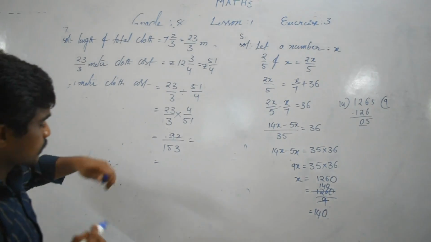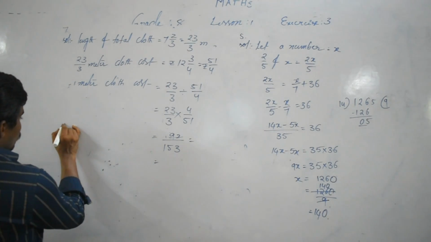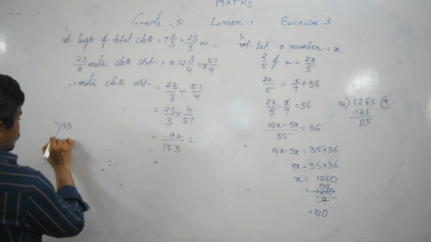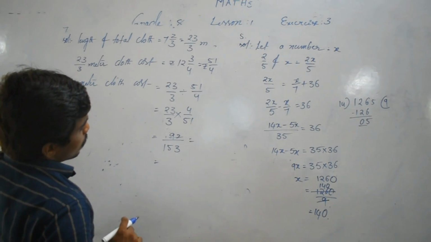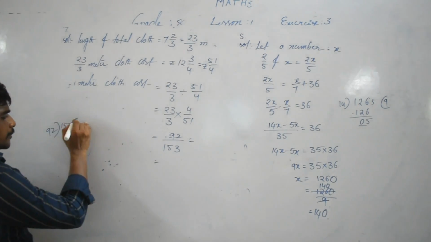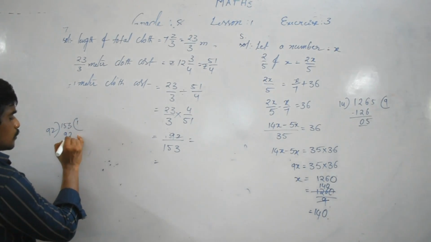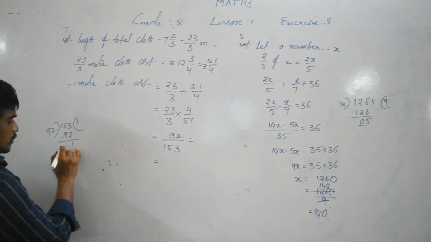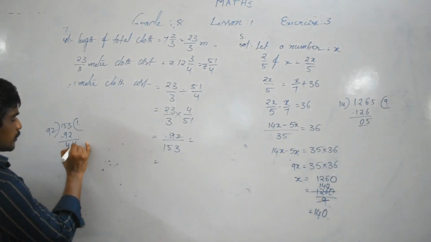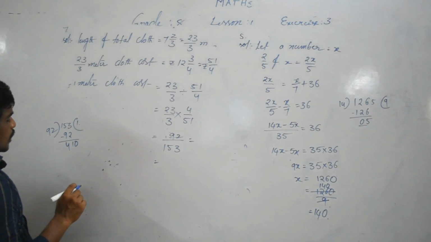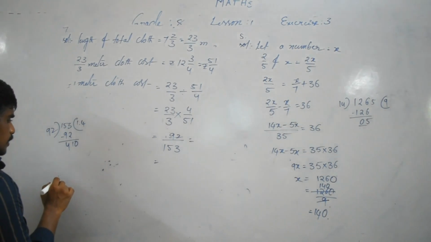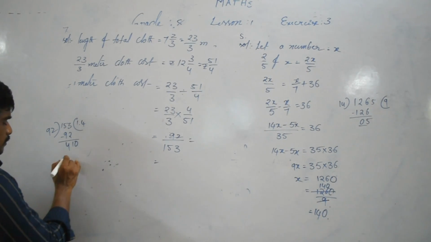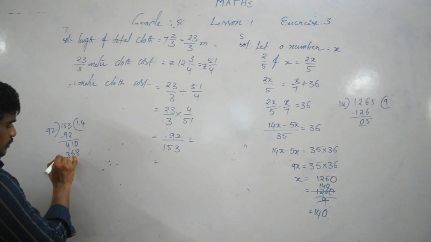So here division: 153 by 92. 92 goes 1 time, 92. So here 1, here 61. 92 4s are... 9 4s are 36, 368.